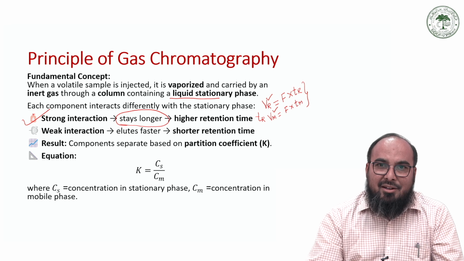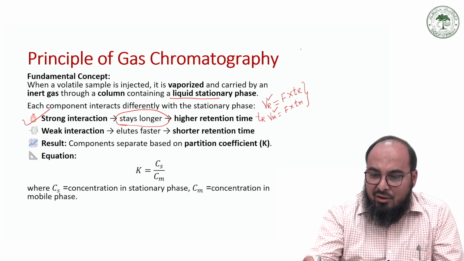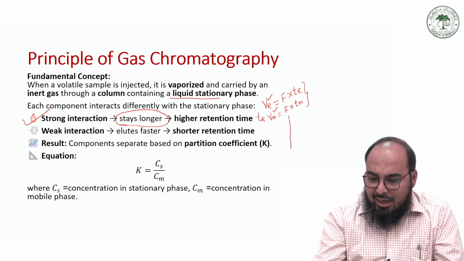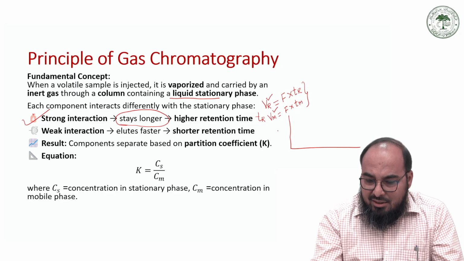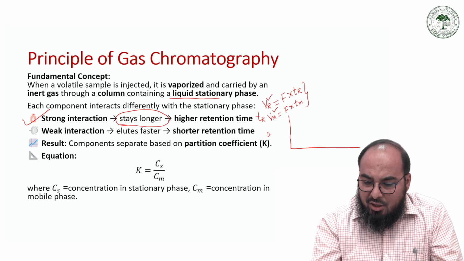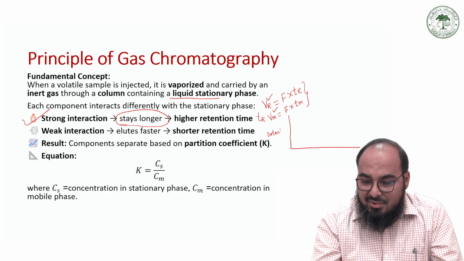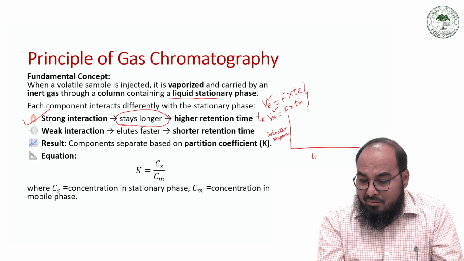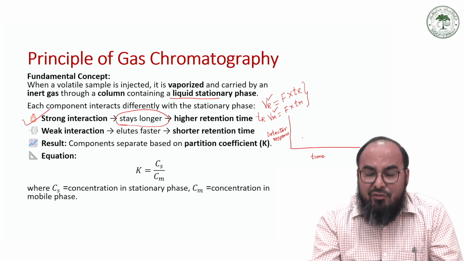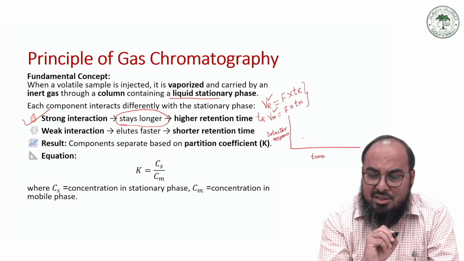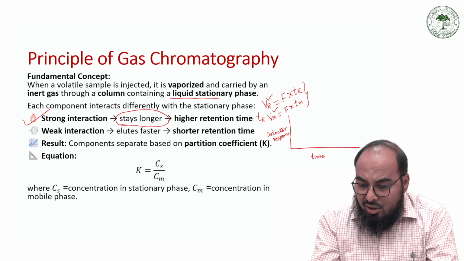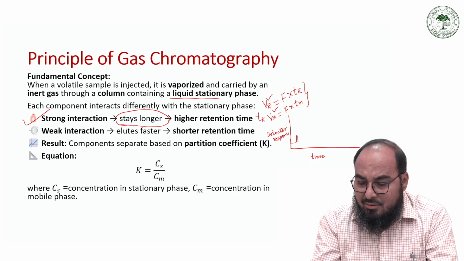If you remember it from the previous slide, for example, let me draw it again. On the y-axis you have plotted the detector response, and on the x-axis it was the time. So if you have a two component system, for example, then your chromatogram would be like this.